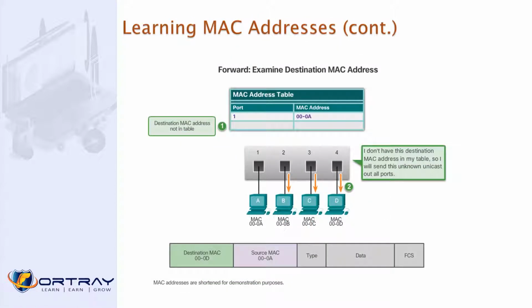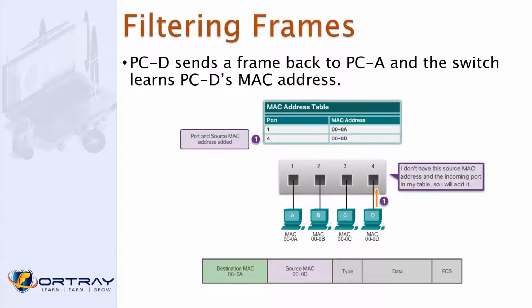PC A says, I want to go to D. PC D sends the frame back to PC A, and the switch now learns the PC D MAC address. Previously this was not in the MAC table. PC A sent the communication to PC D, and it was received by B and C because the MAC address was not in the MAC table. It will flood out of all the ports. It's treated as an unknown unicast. Unknown unicast is also broadcast.